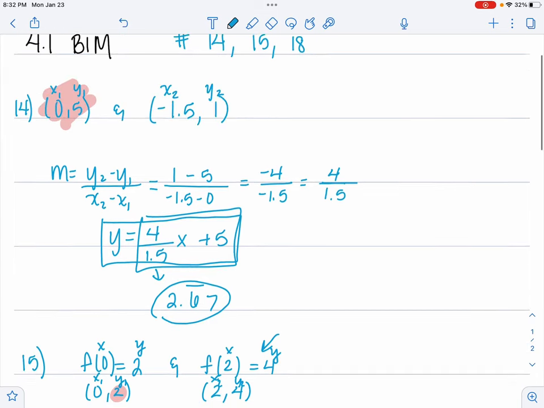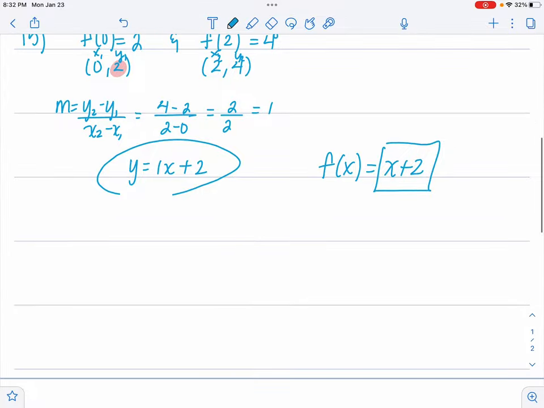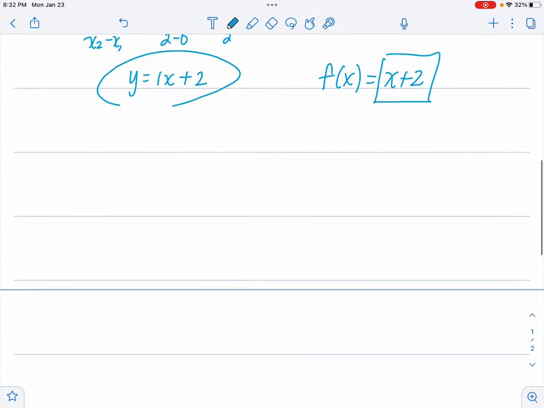Then last one I said I would do is 18. So we are given a table. X and f of x, and we're actually given 3 ordered pairs.